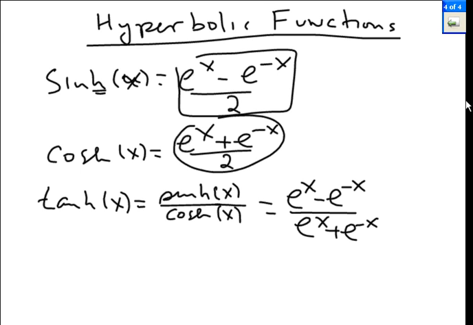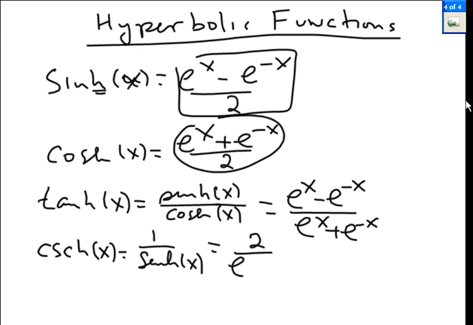The cosecant hyperbolic of x is 1 over the sinh of x, just like cosecant of x equals 1 over sine of x. That is, you get 2 over e to the x minus e to the minus x. I just took the reciprocal of sinh of x.